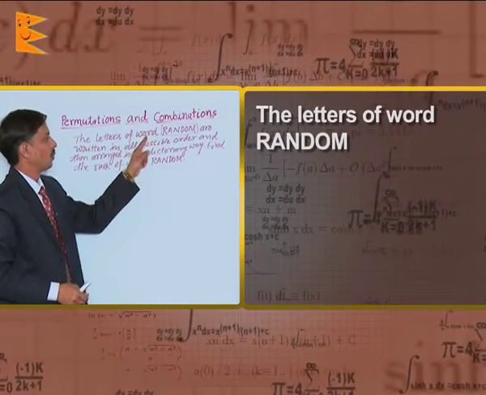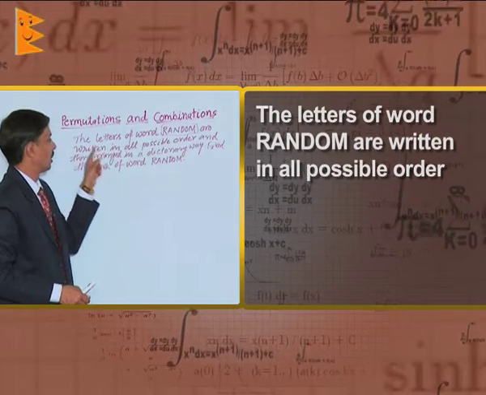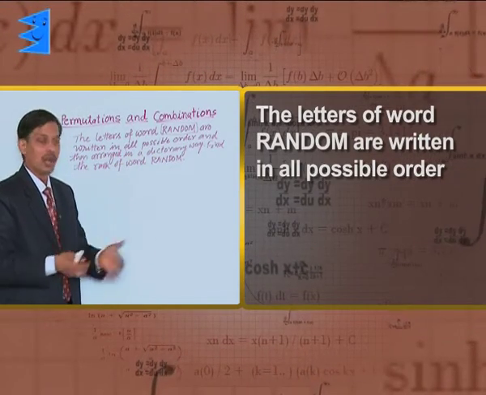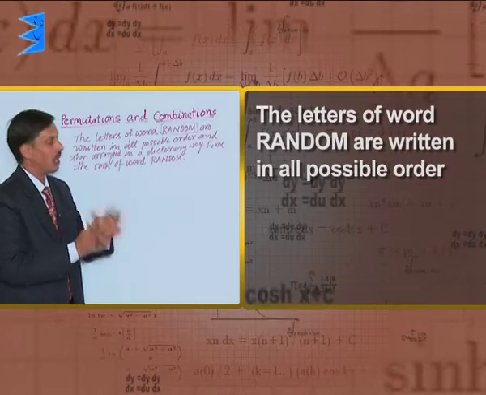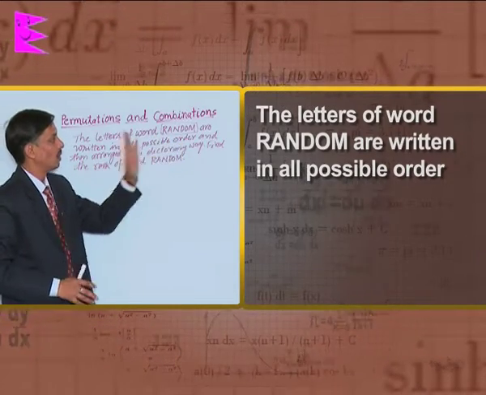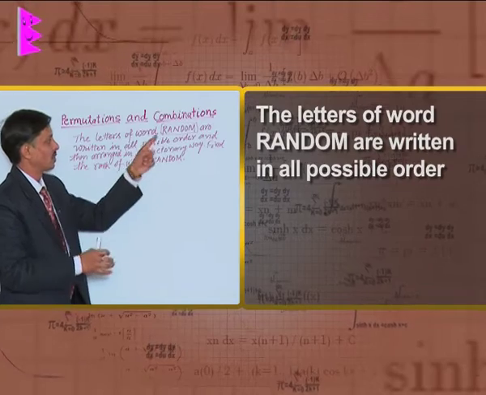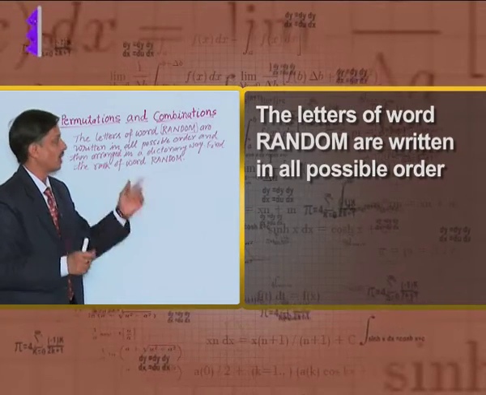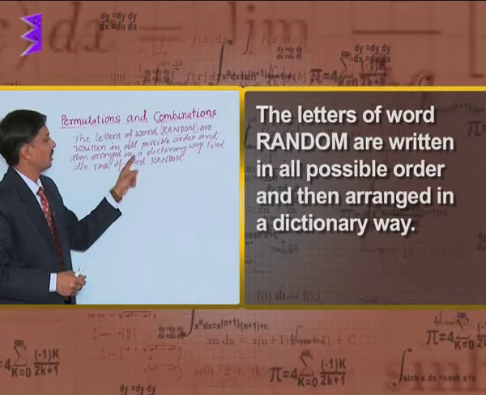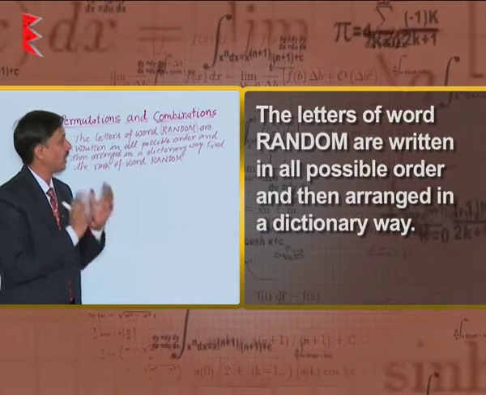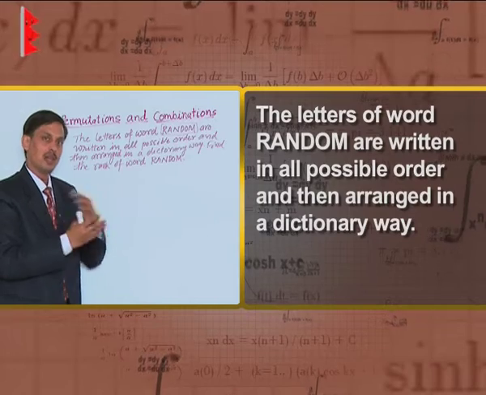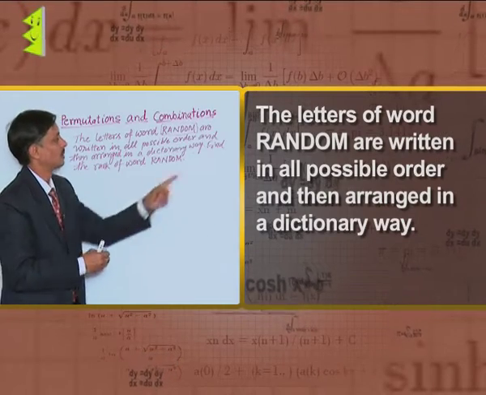The letters of the word random are written in all possible orders, that is, taking all letters at a time, and we have arranged as many words as can be formed from the letters of the word random in the dictionary order, in the order of the alphabets.